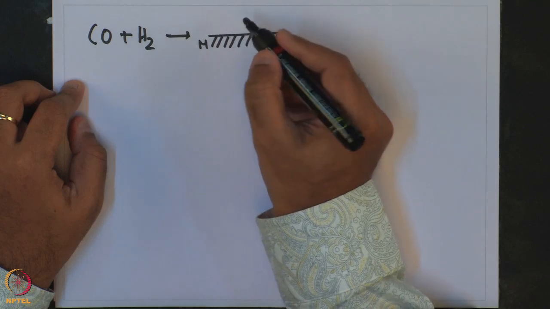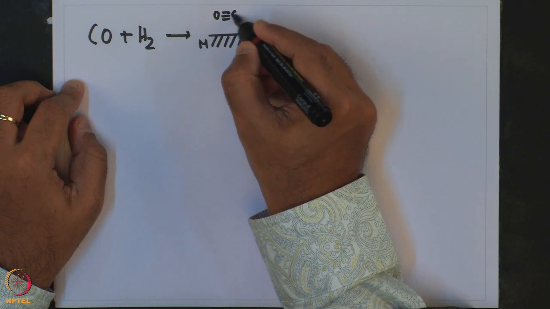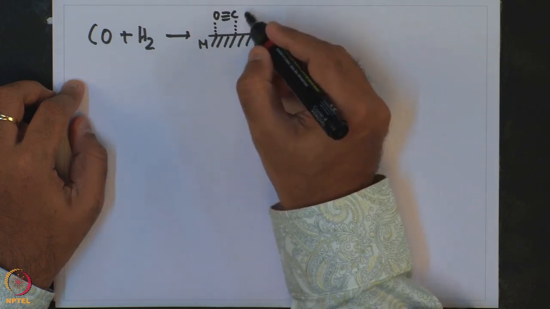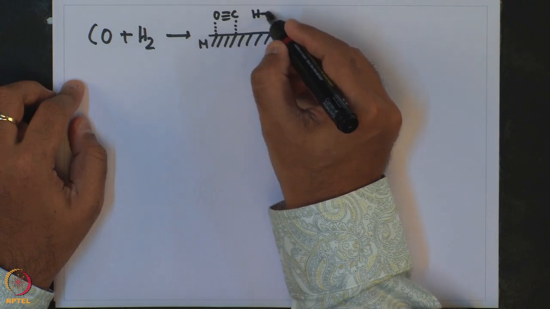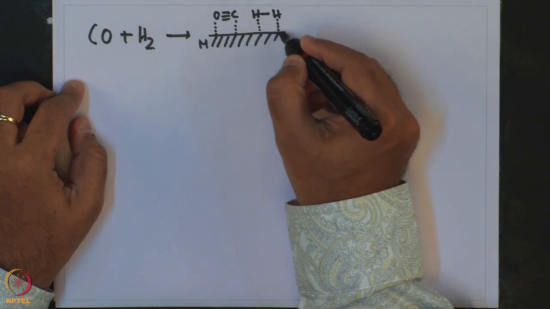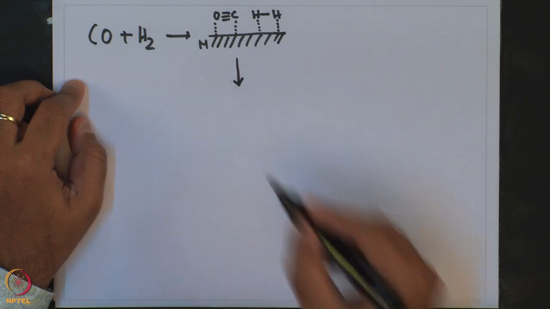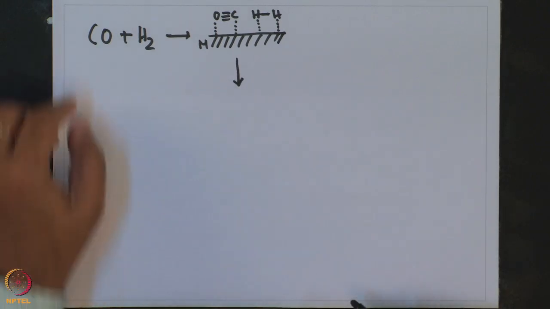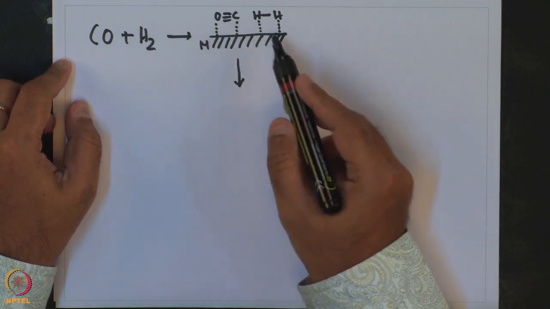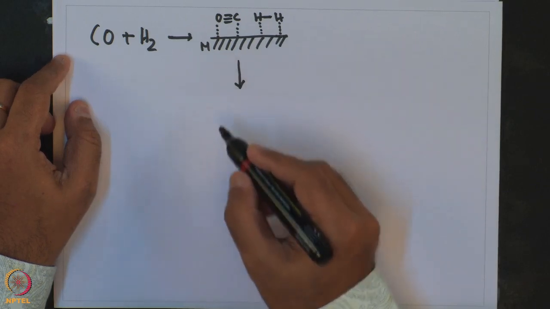So, CO and H2 bind to the metal, so initial binding leads to the activation of CO, and as a result the CO is split into metal oxide and metal carbido.